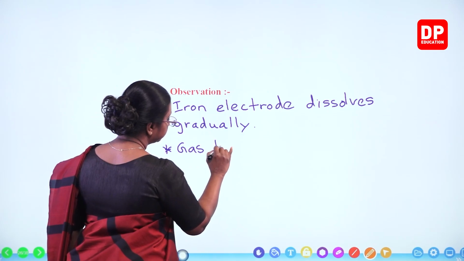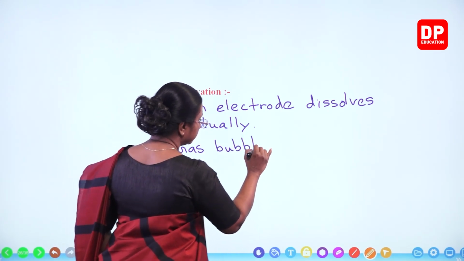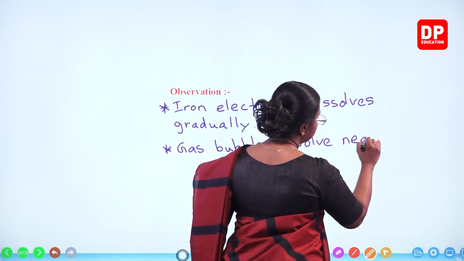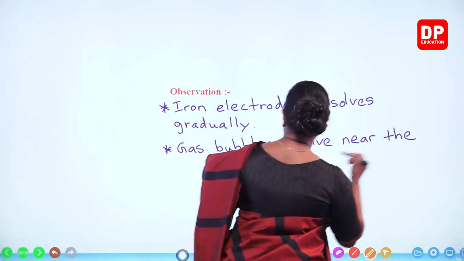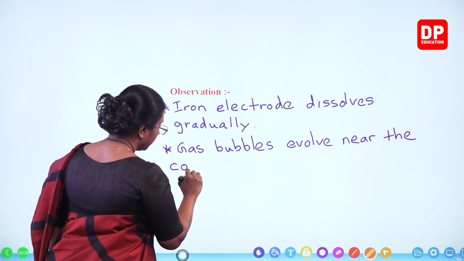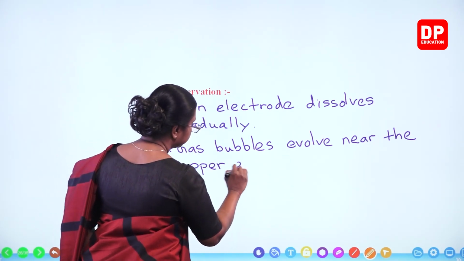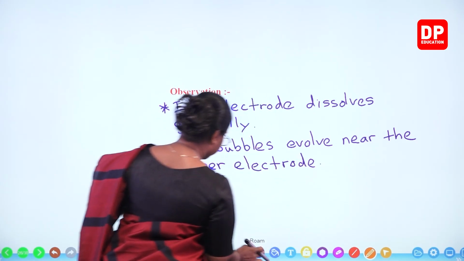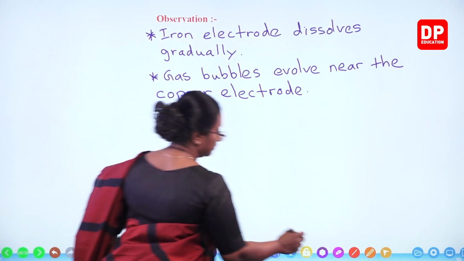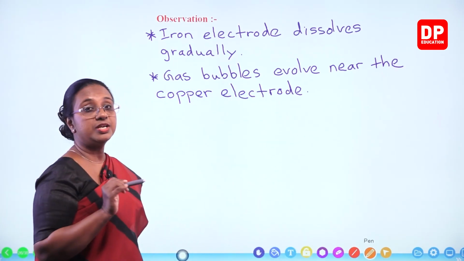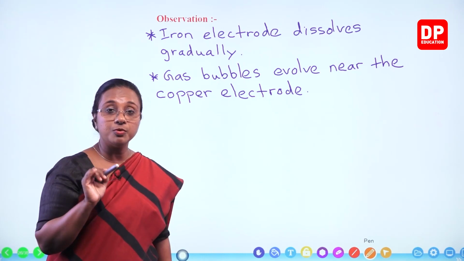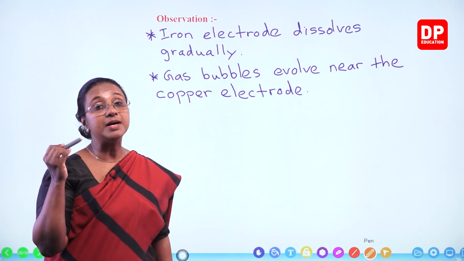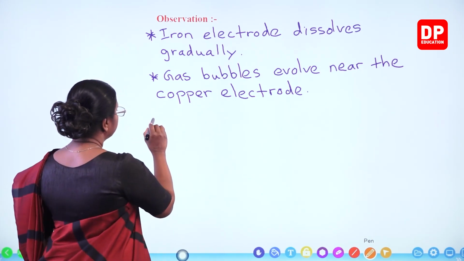Gas bubbles evolve near the copper electrode. So here, of course, students, I will write the observation for both ammeter and galvanometer so that you will remember how to write it.